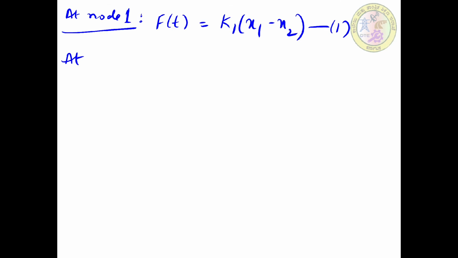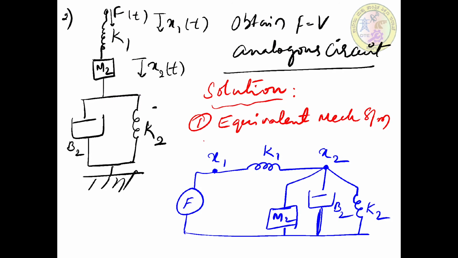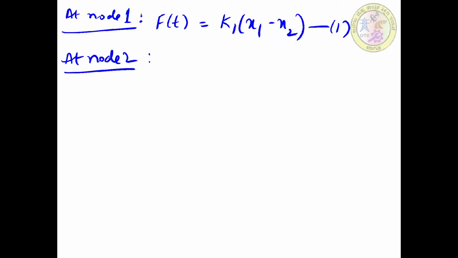Similarly at node 2, there are 4 elements: K1, M2, B2, K2, that is 2 springs, 1 friction and 1 mass connected. We write the equation like this.